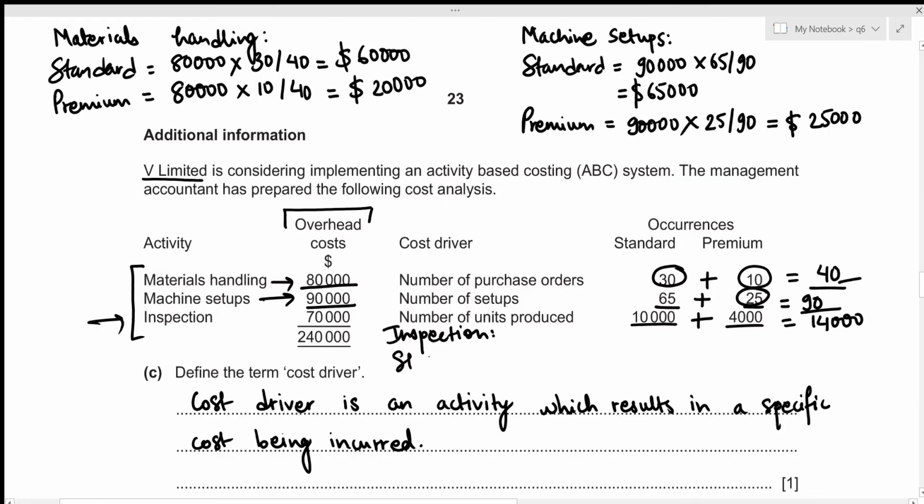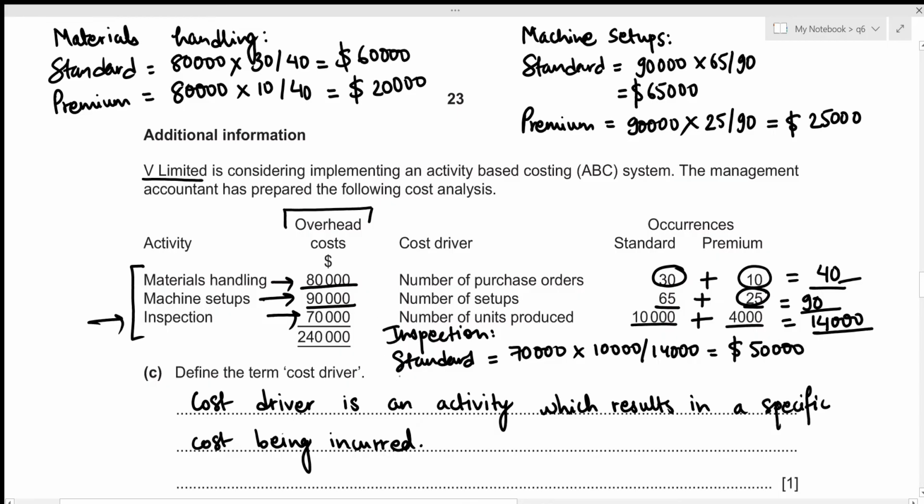For standard, that's going to be the total cost of inspection, which is 70,000. And we know that out of the 14,000 total units, 10,000 belong to standard. So that's going to be times 10,000 divided by 14,000, which results in inspection cost for standard to be 70,000 times 10,000 divided by 14,000, which results in the value of 50,000.